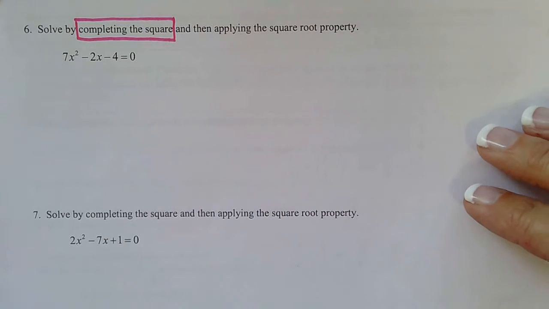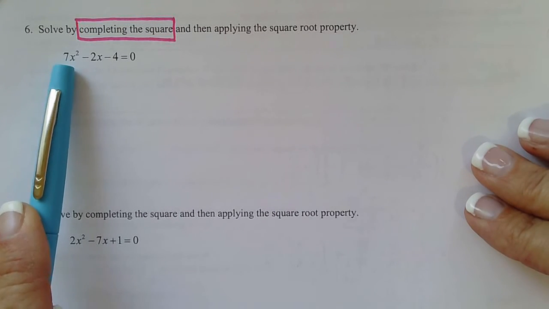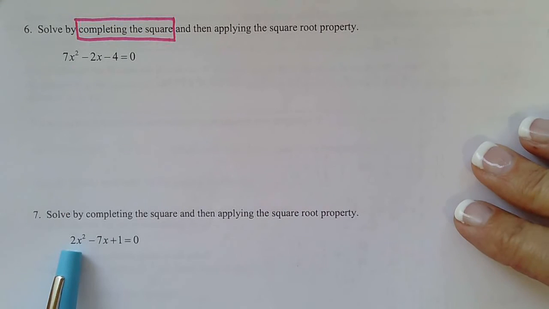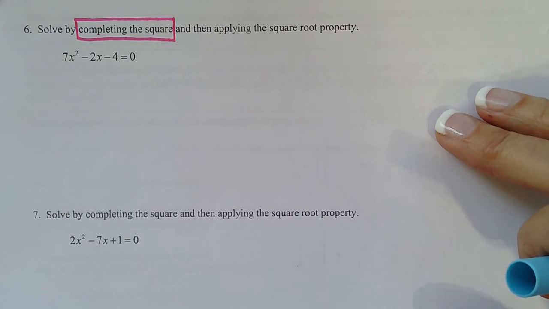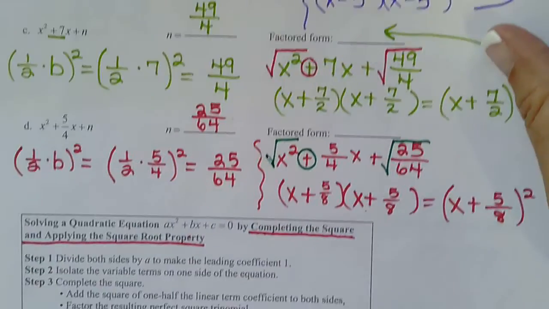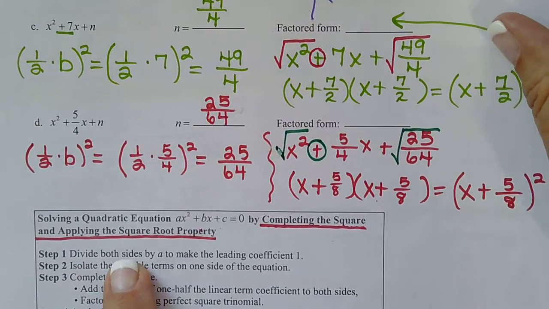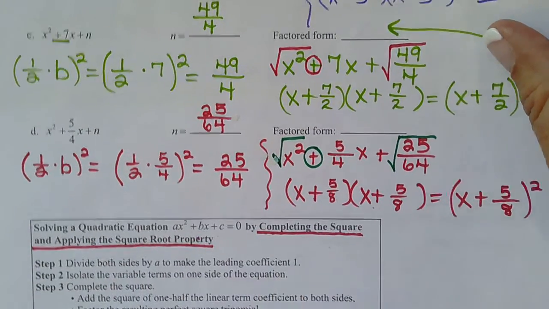So these next two are going to be a little more rigorous. Do you see why? Leading coefficient not 1, leading coefficient not 1. So step 1, if you look back at the steps, is divide both sides by a, which is the leading coefficient, to make it 1.